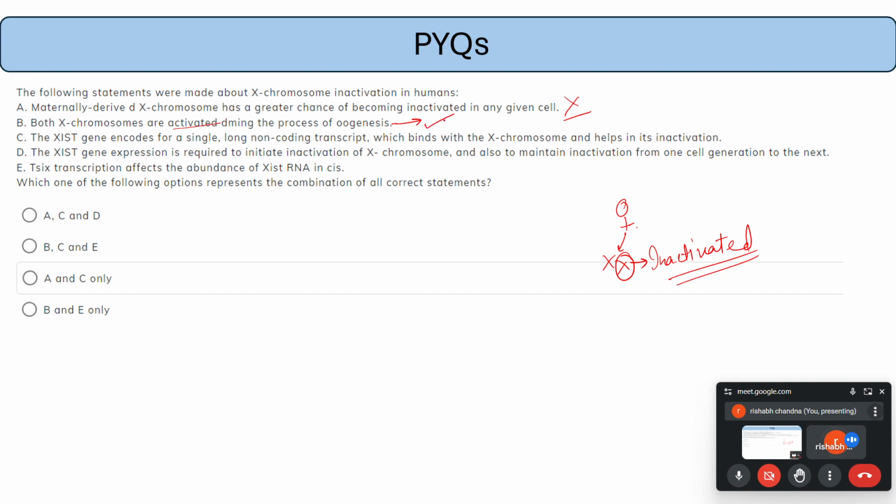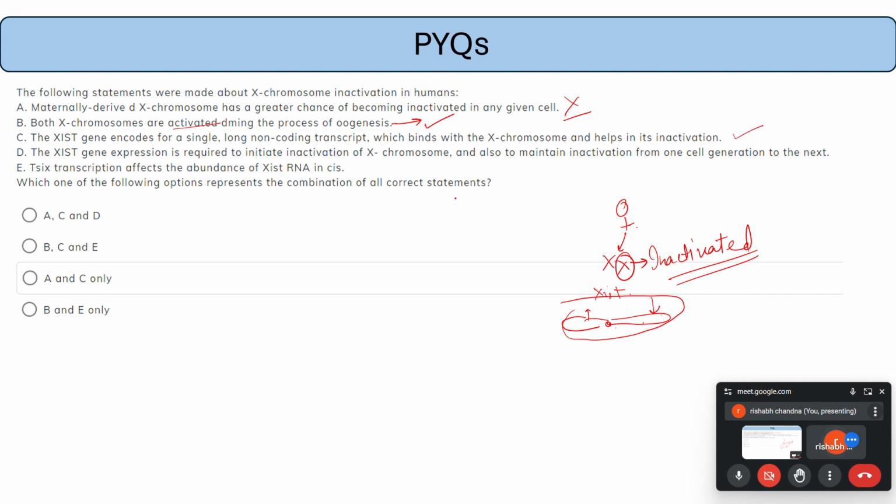So this option is correct. Then we have the third option. The Xist gene encodes a single long non-coding transcript which binds with the X chromosome and helps in its inactivation. So yes, as we remember, it produces a long non-coding RNA, Xist, which goes and binds to the X chromosome that is being inactivated. So option C is also correct.